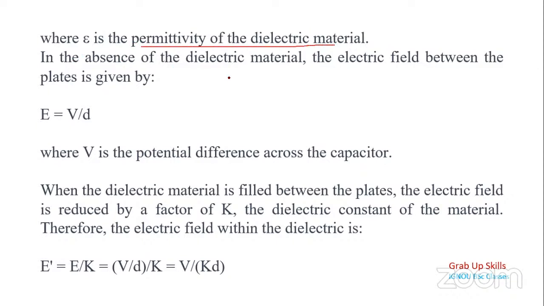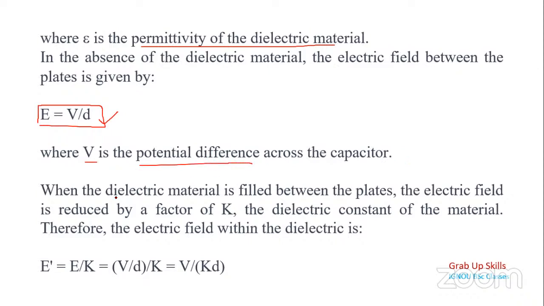When there is no dielectric material, what would be the formula? This formula represents the electric field between the plates when there is no dielectric material. What is V here? It is the potential difference across the capacitor.